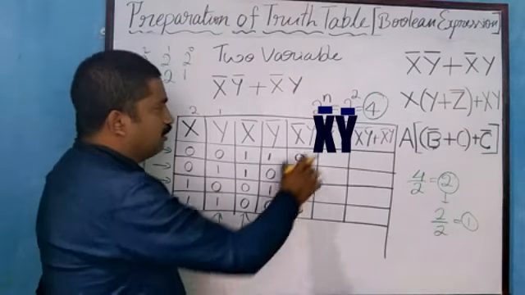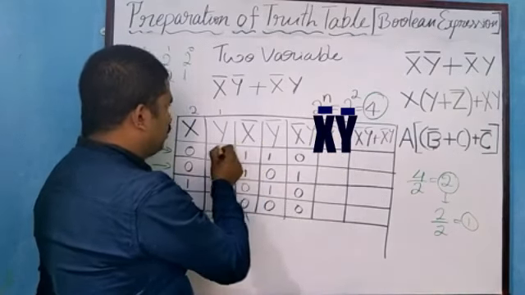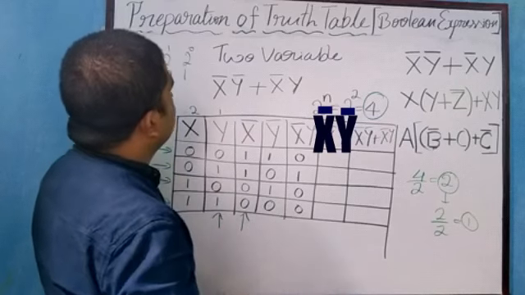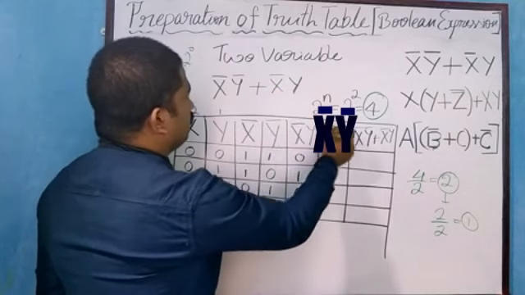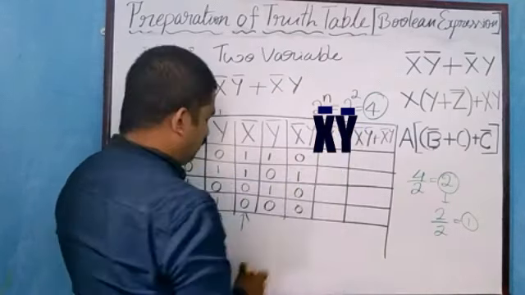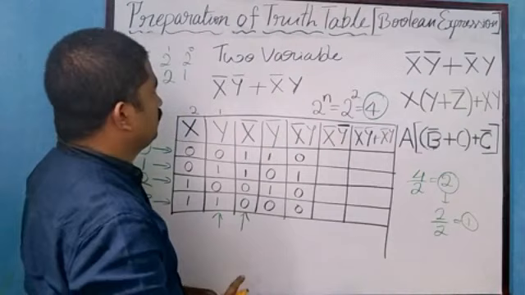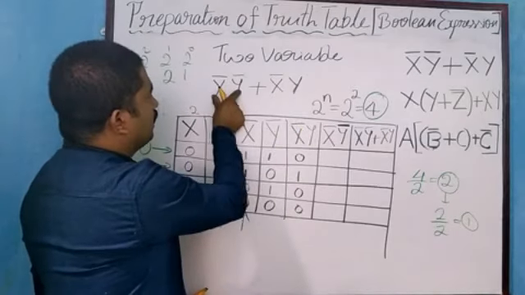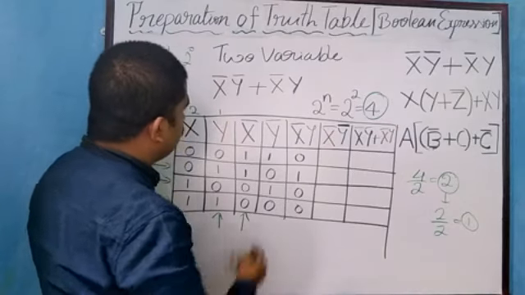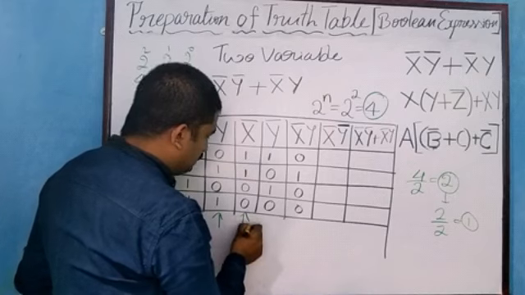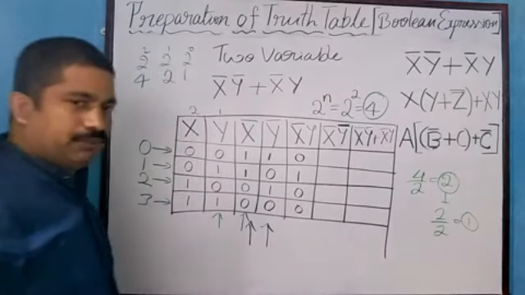Similarly, in the same manner, obtain the values for x complement y complement. Because here, this term is x complement into y complement, we need these two columns, that is x complement and y complement.